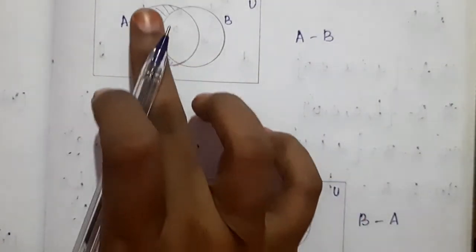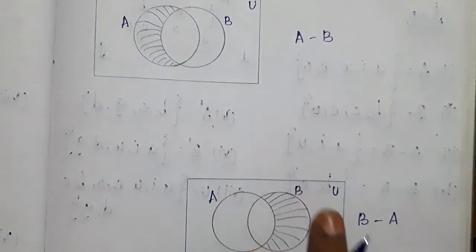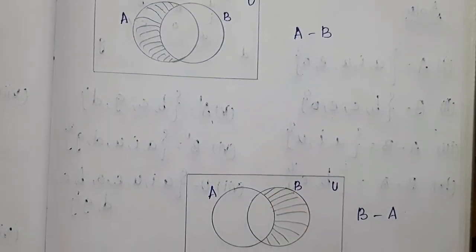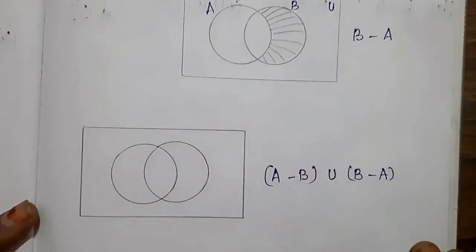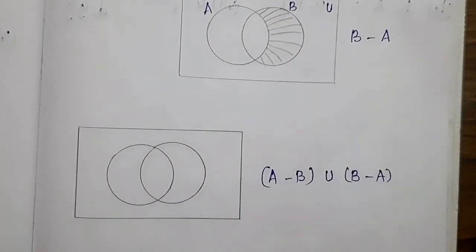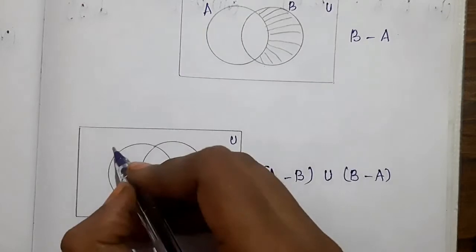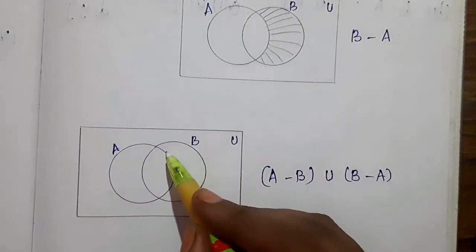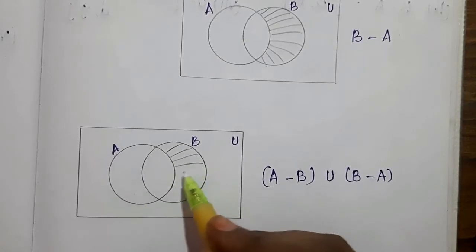In this set, these are the elements, and in this set, these shaded parts are the elements. So you are going to shade all the shaded parts altogether. If it is U, A, B, this set will be the shaded part.